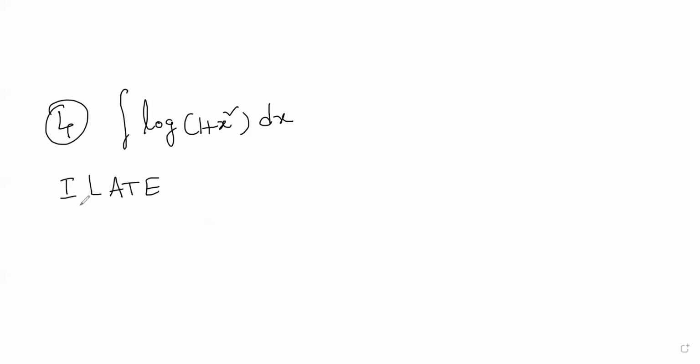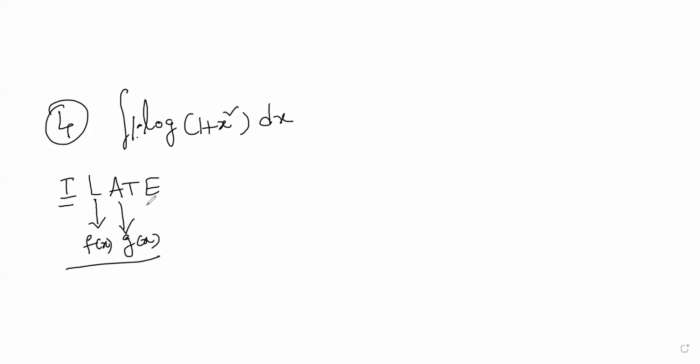Here the inverse trigonometric functions are not there, but the logarithmic function is there. So this is my first function, that is f of x. And what is my second function? I don't find my second function, but I can find it by putting 1 over here, 1 into log of 1 plus x square. So the 1 is the algebraic function, which is g of x.